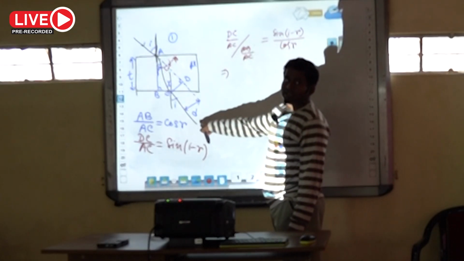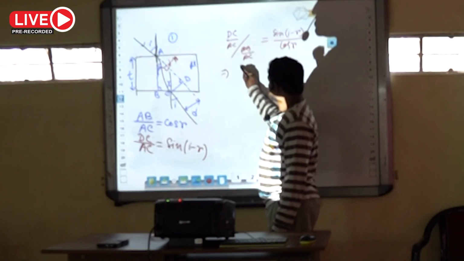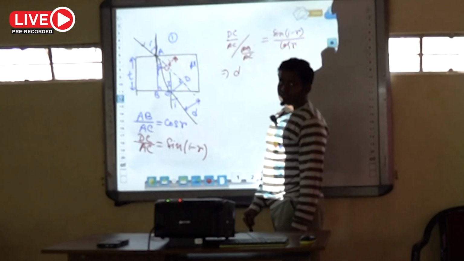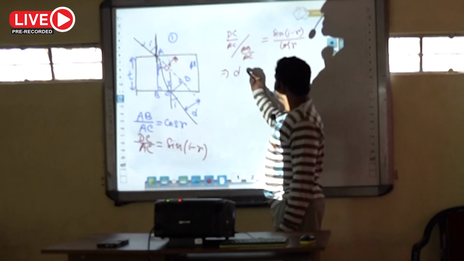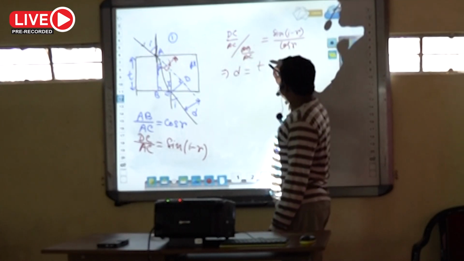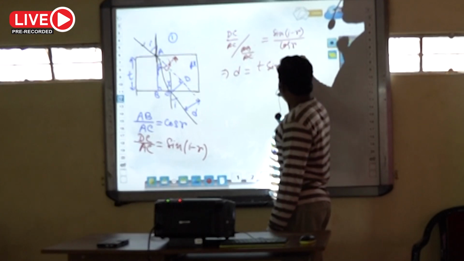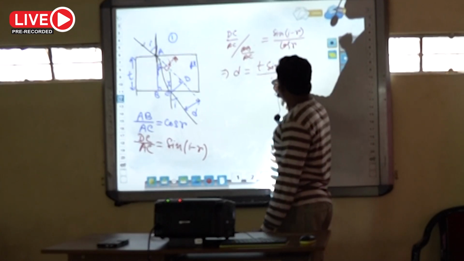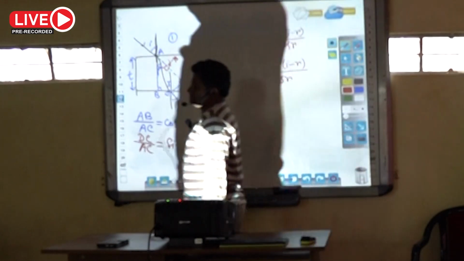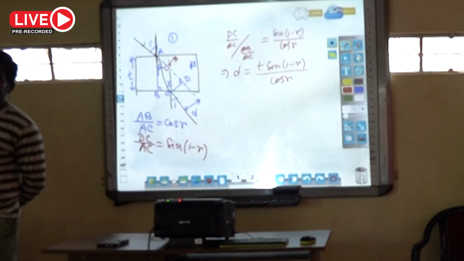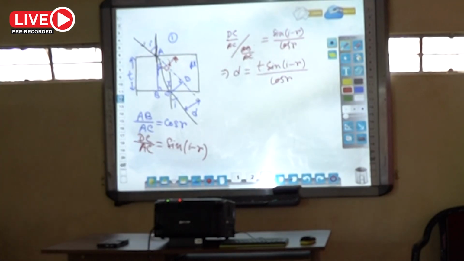Small d, that is the displacement. And what is AB? Thickness, that is T. So multiply this T on this side and you can write d equal to T sin I minus R by cos R. So once we know I and R and T, we can find the displacement, or vice versa. That means if you know I, R and d, you can find thickness T using this result.